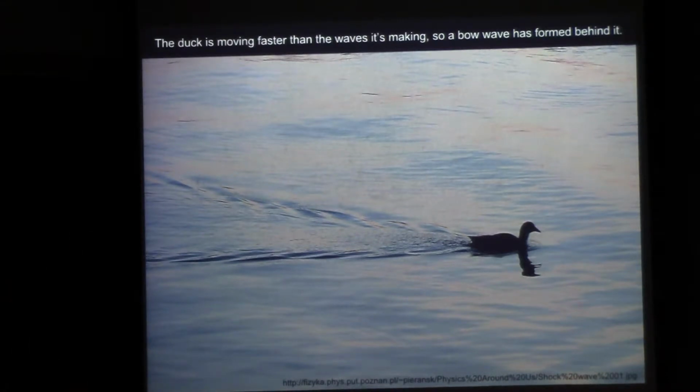And the ducky is paddling through the water faster than the ripples that the ducky is making, and so the ducky has a bow wave behind itself. And it's easy to see that if you've ever been on a boat. It's not hard to get a boat to move faster than the water ripple speed on the surface of the water. And that's why you get that triangular thing spreading out behind the boat. It's the overlap of the ripples that can't get out in front of the boat, basically.